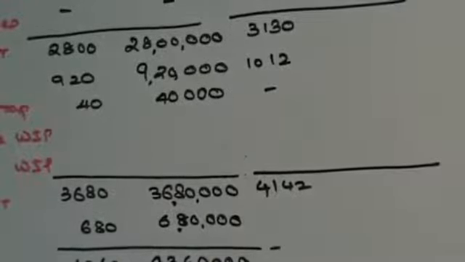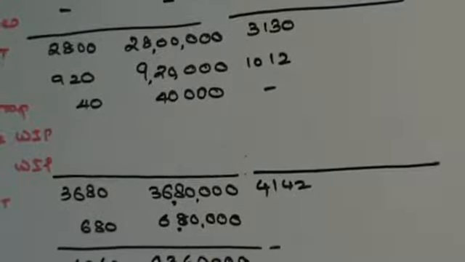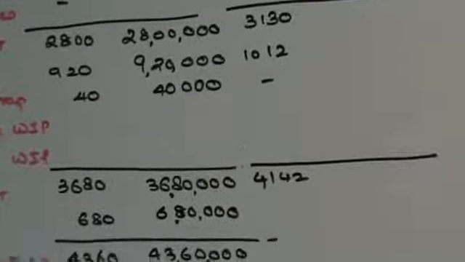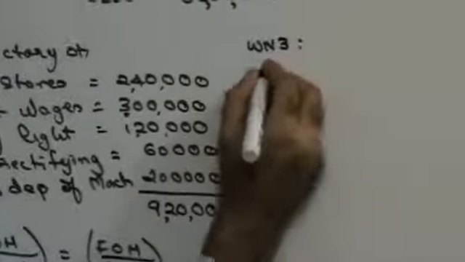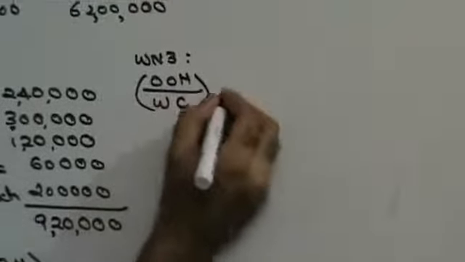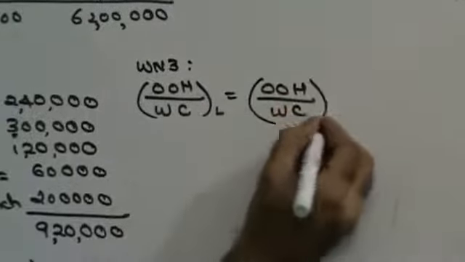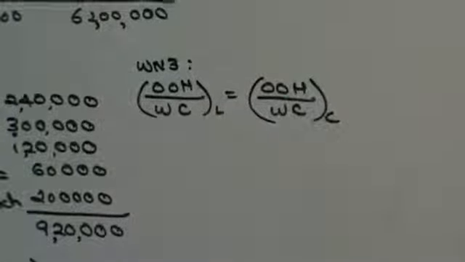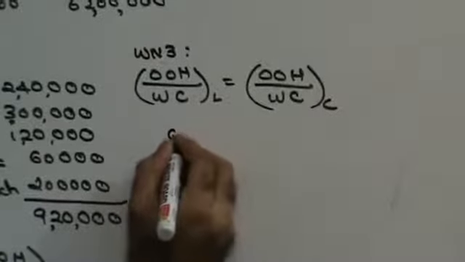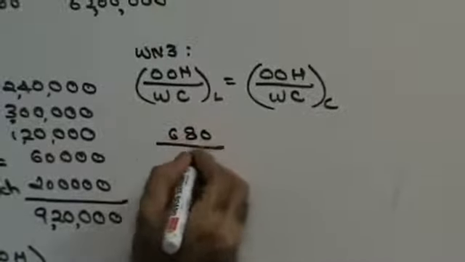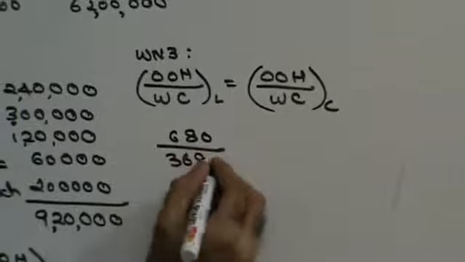Office overheads and selling overheads have to be recovered as a percentage of work cost last year. So we'll do this here. Working note 3. Office overheads upon work cost of last year is equal to office overheads upon work cost of current year. Office overheads of last year is 680. Work cost of last year is 3680.